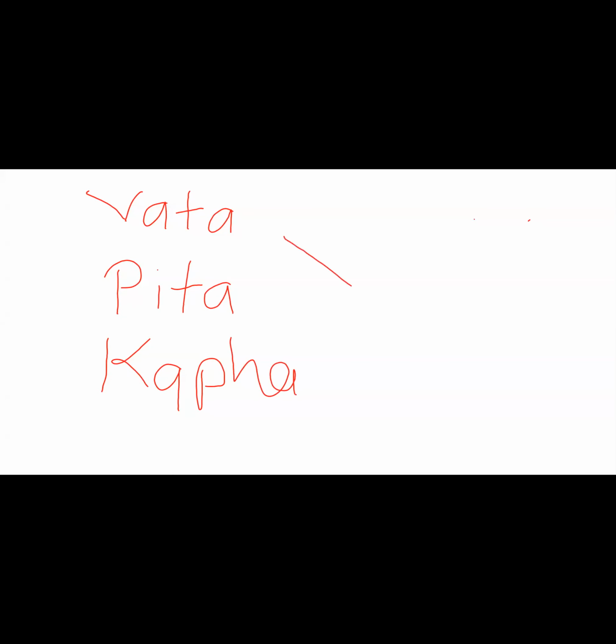There are three types of Prakriti: Vata, then Pitta, and then Kapha. These are the three doshas and also the Prakriti types. These are the three major types of Prakriti.